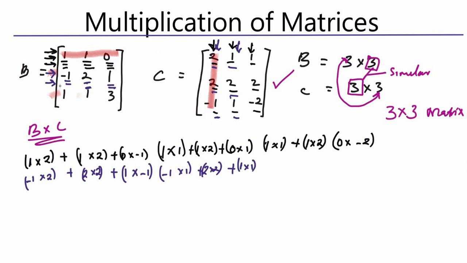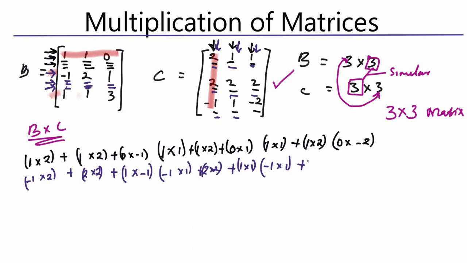Then lastly, the same row, we multiplied by the third column now. So that we have minus 1 times 1. Then we add this to 2 multiplied by 2.